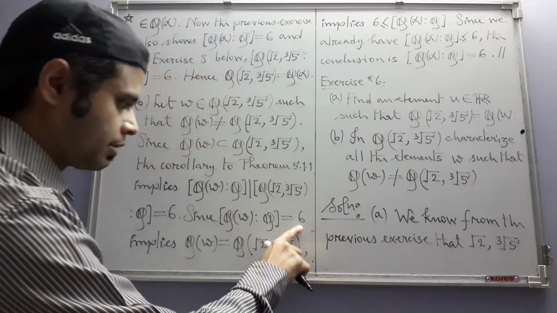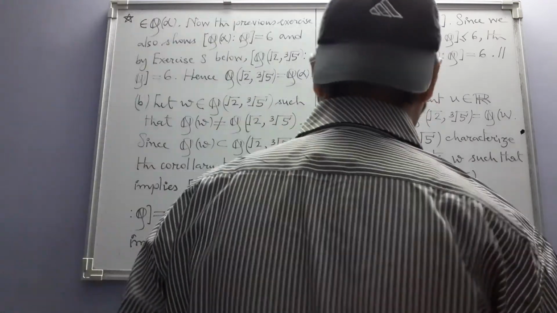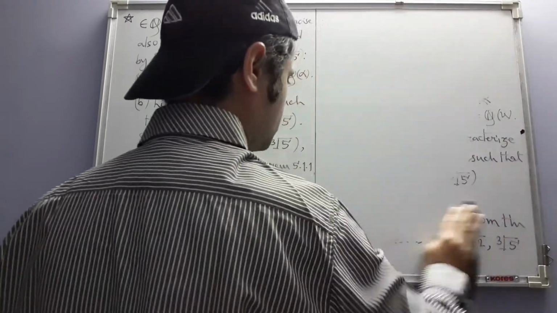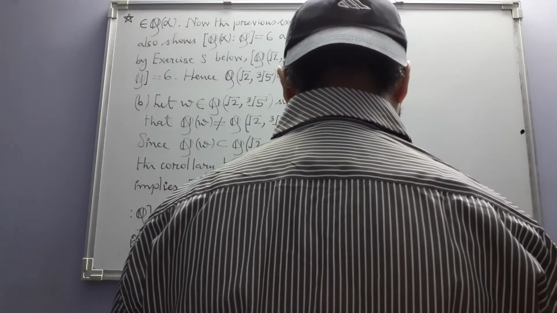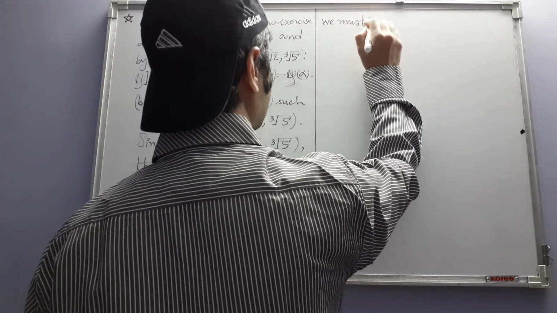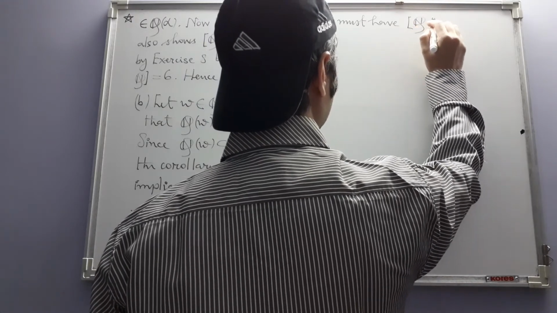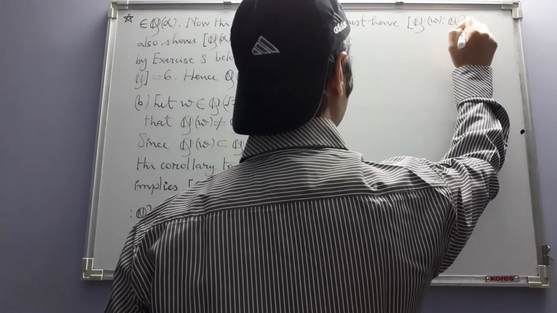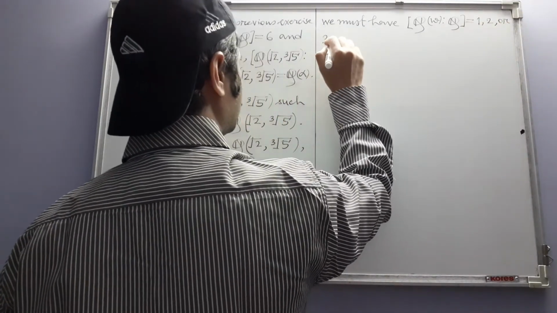So that means this cannot be 6, we must have one or two or three.